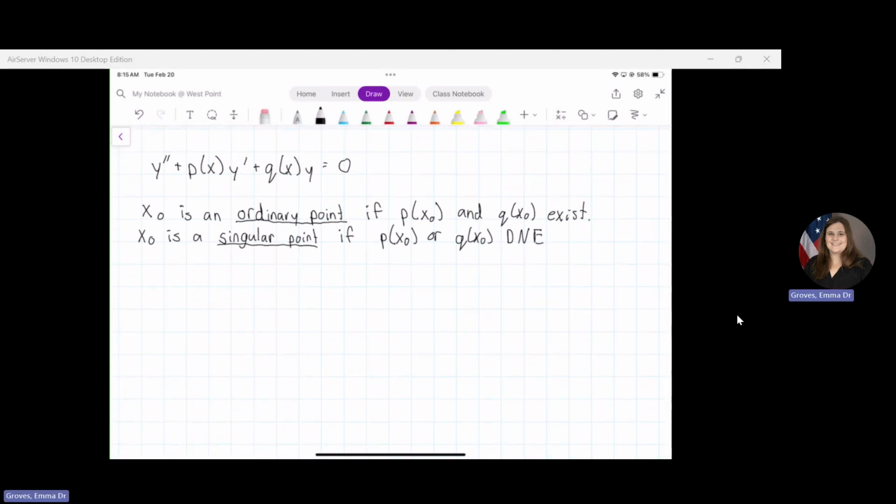So what we are going to be focusing on is finding series solutions near ordinary points.